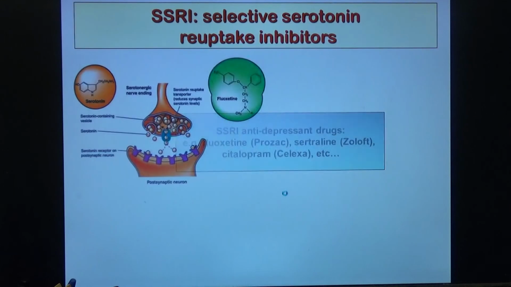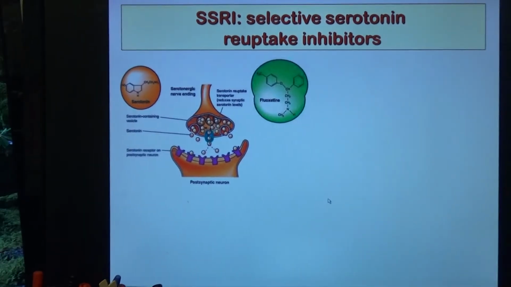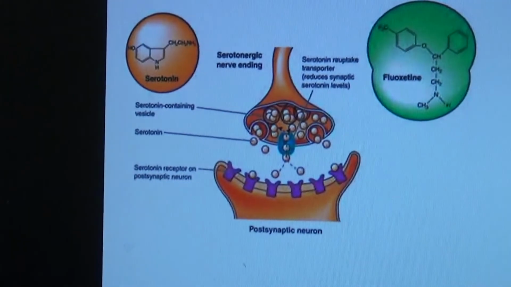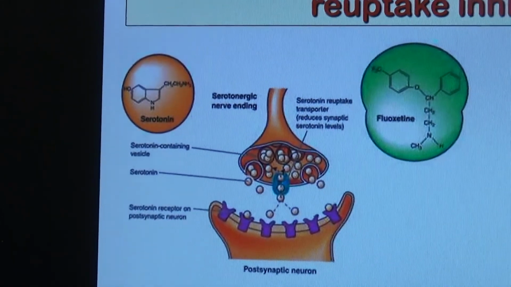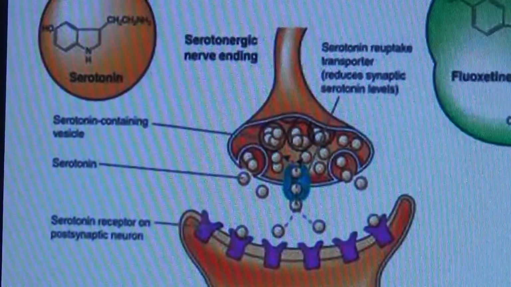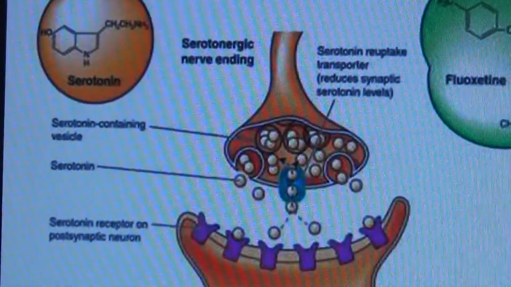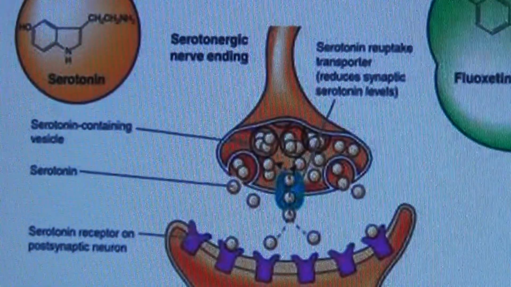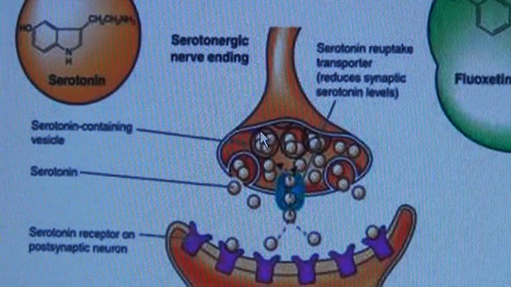All right, so how does this all work? If you look at a neuron, serotonin is a neurotransmitter that's packaged into little vesicles.